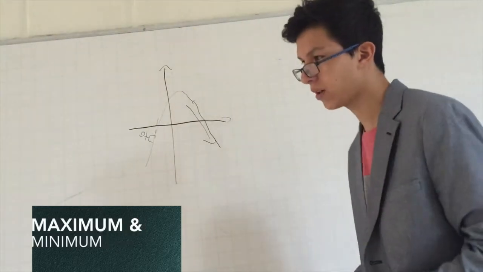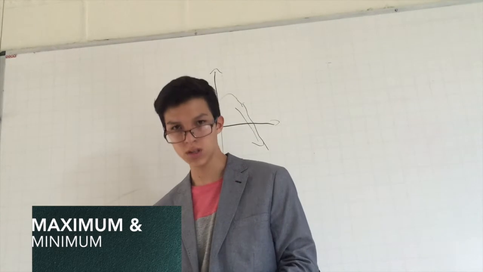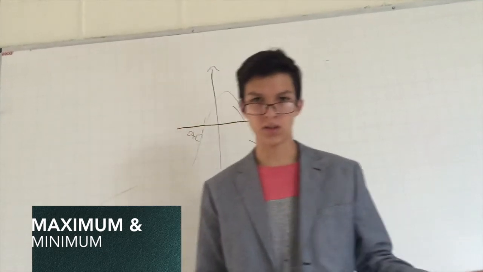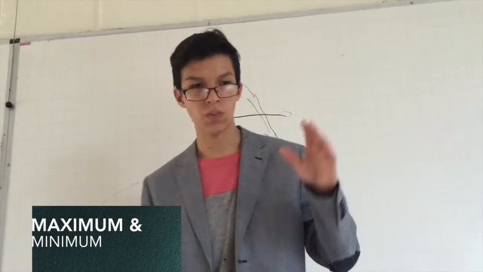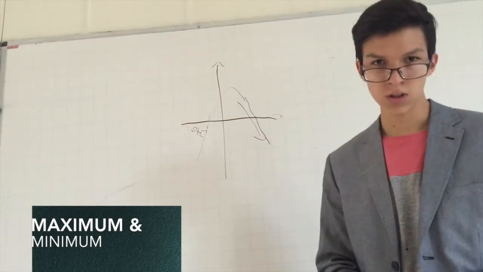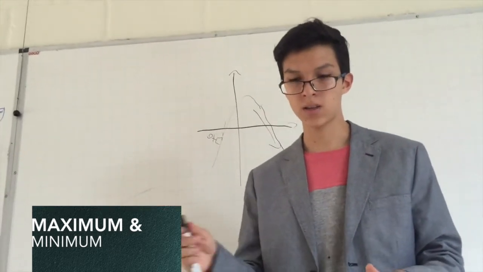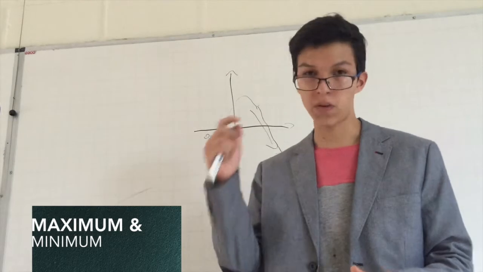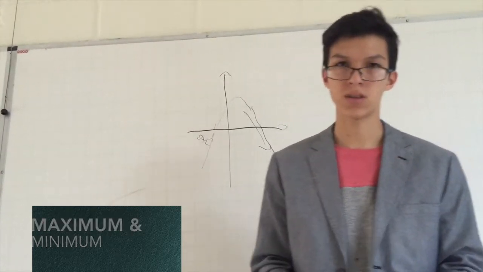So in order to find where a graph is at its maximum and minimum points, you have to find the first derivative of a function, and plug in certain numbers in the function to know where it is increasing or decreasing, and you will find that by seeing the signs of the result.